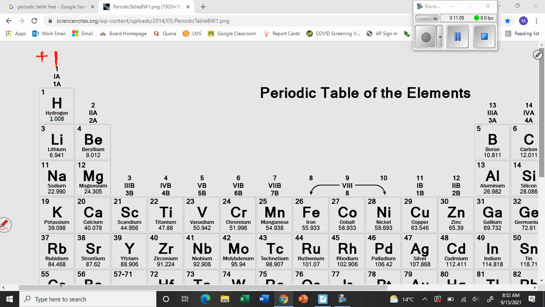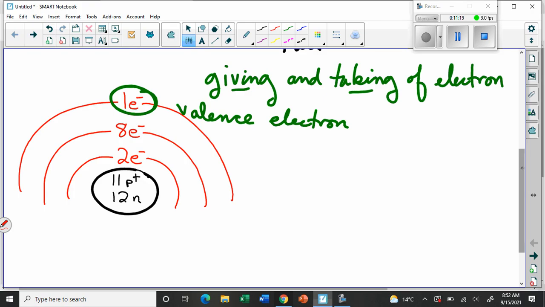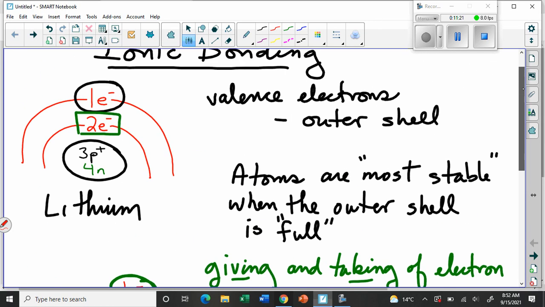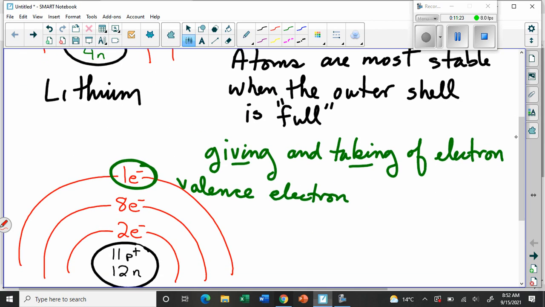Now, remember why we're calling it +1. Why not -1? You'd think, well, if you have an electron in your outer orbit, that's a minus, right? But the whole point was that for these atoms, for lithium and sodium, and everybody else in this column, rather than try to find 7 more to fill this up, it's a lot easier to just get rid of the 1. So basically their mission in life is to get rid of 1 electron.